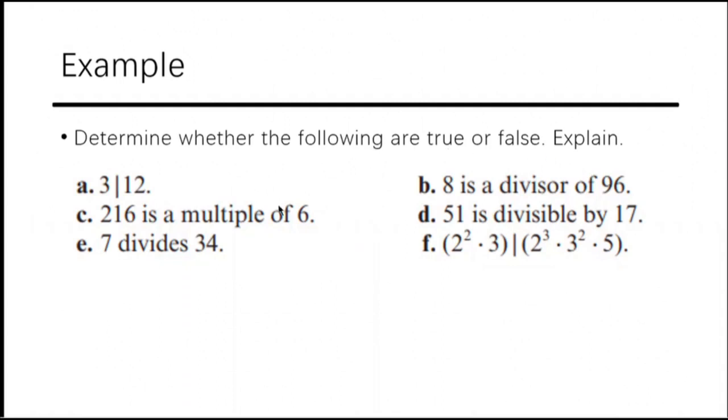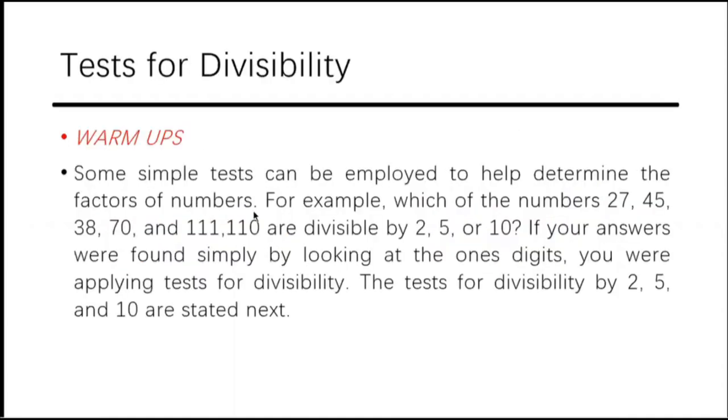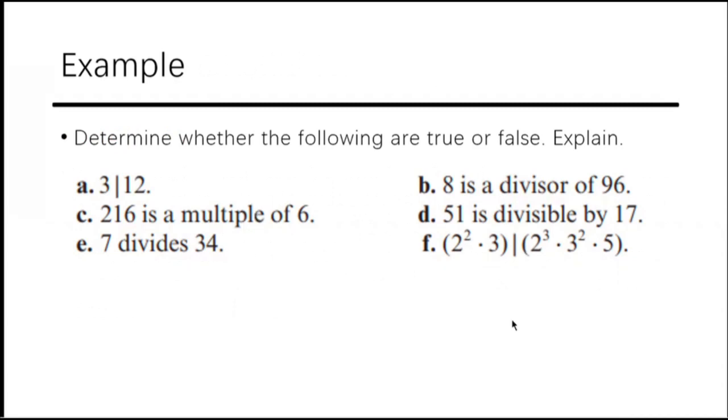Okay, so example. So yung nakikita nyo ngayon, pwede nating i-verify kung yung mga yon ay true or false. Letter A, 3 divides 12. True, kasi ang 12 ay divisible by 3 since ang remainder niya ay magiging 0. So, kaya ito ay true.